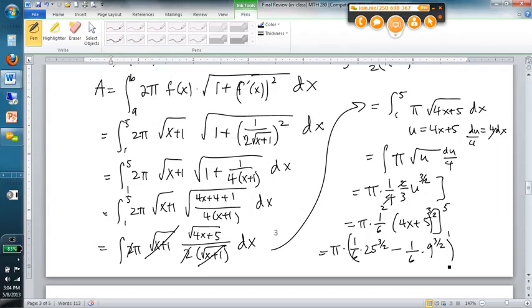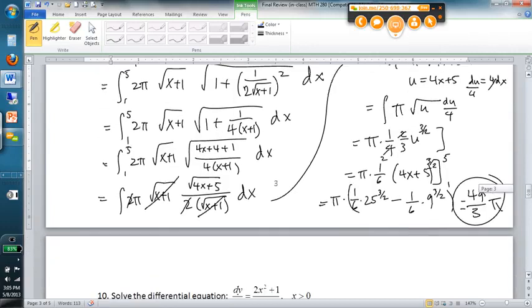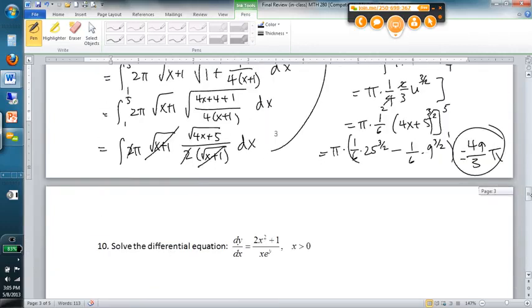That is 16 1/3, 49/3 pi. That's what I get. Anybody else get that? Believe that? Our surface area, 49/3 pi. Do you believe me on that one? Trust me? Okay. All right.